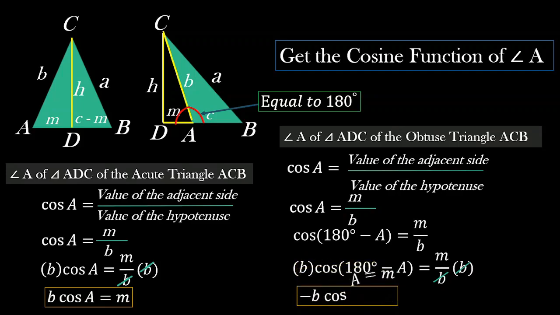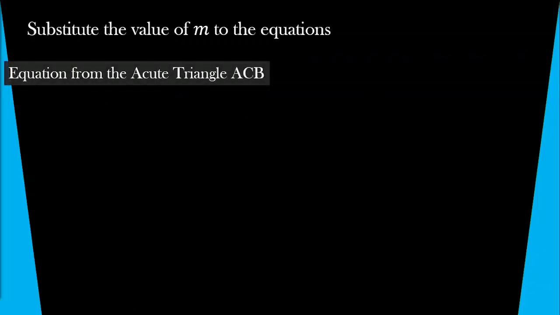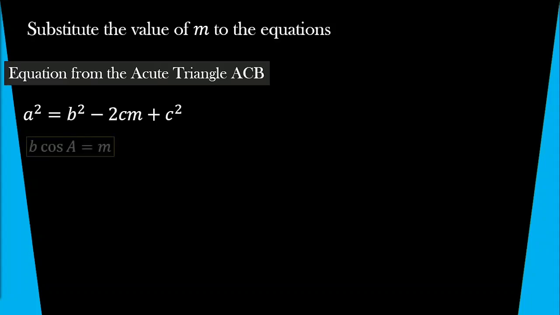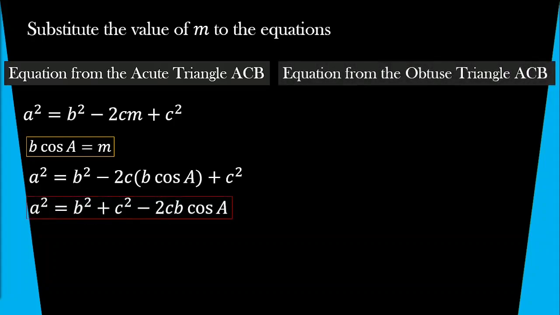Substitute the value of m to the equations. Here is the equation from the acute triangle ACB. a squared is equal to b squared minus 2 times c times m plus c squared. Replace the value of m with b times cosine A. And the result is a squared is equal to b squared plus c squared minus 2 times c times b times cosine A. Here is the equation from the obtuse triangle ACB. a squared is equal to b squared plus 2 times c times m plus c squared.